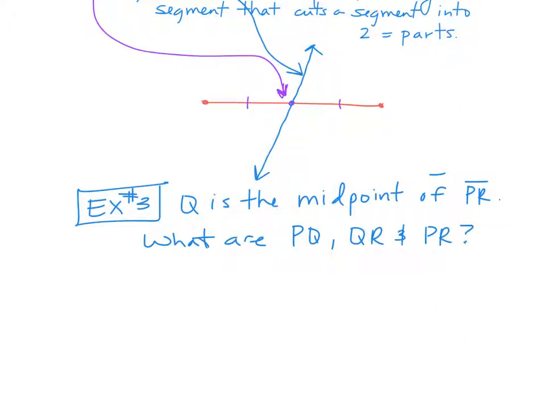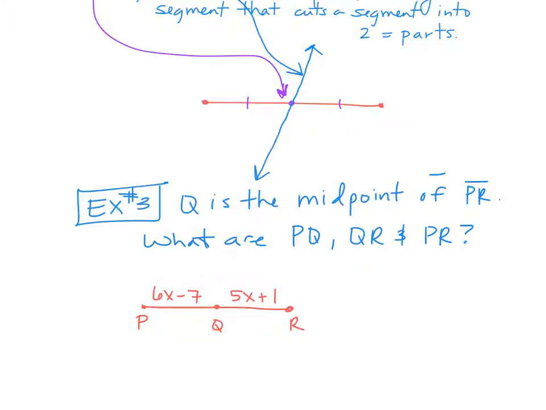Okay, notice there's no bars over those. That means they're looking for the length of those segments. Okay, they're gonna give you this: P, Q, and R. And this is 6x minus 7 and 5x plus 1.